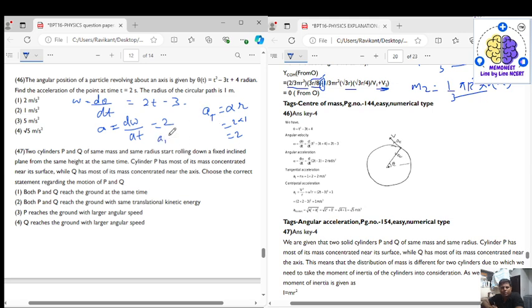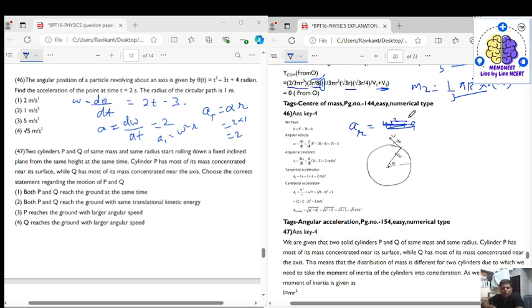Acceleration due to centripetal is equals to omega square r, right? So let me calculate it here. We have a along radius is equals to omega square.